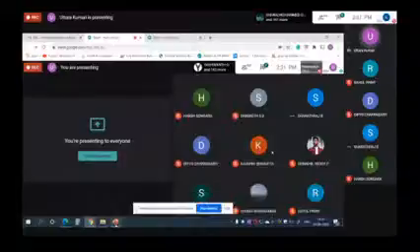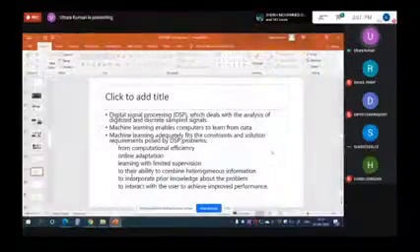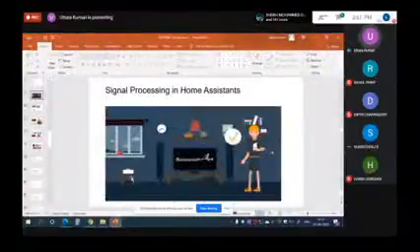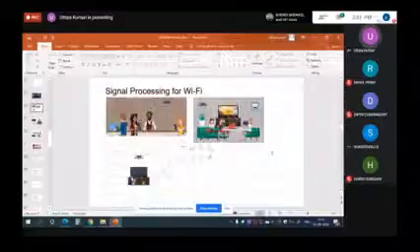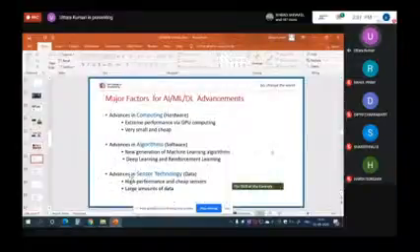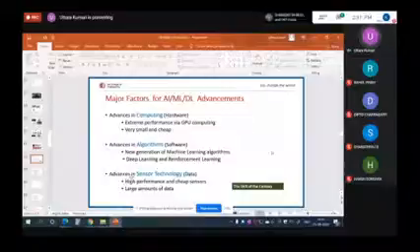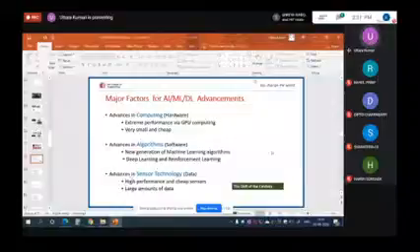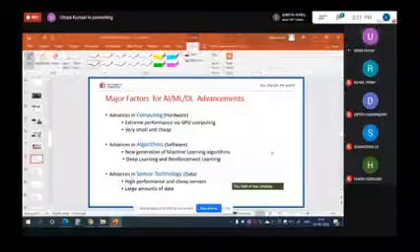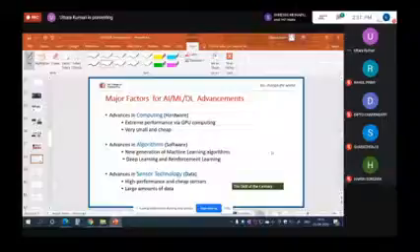So as I mentioned long back, when you take any system and develop it, the first thing is we get the data or sensor data.